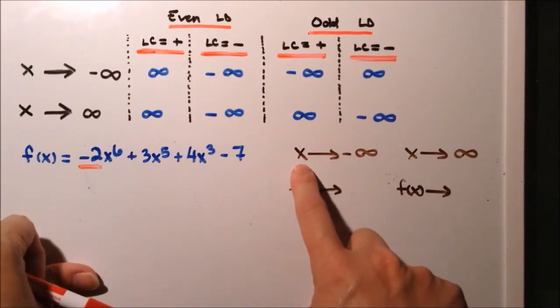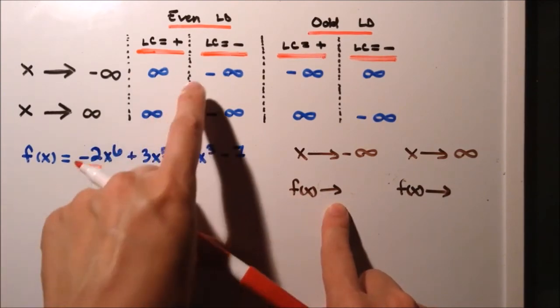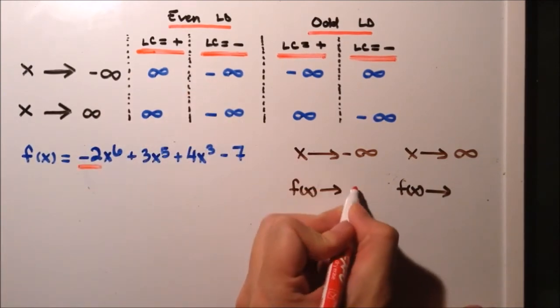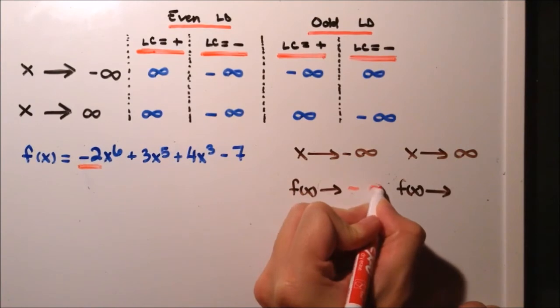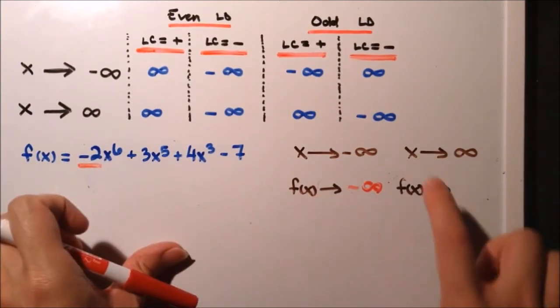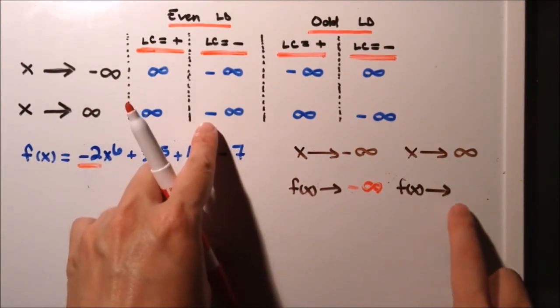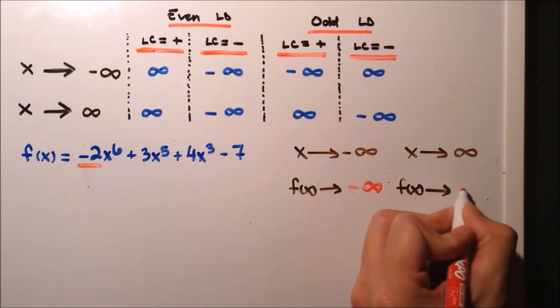For x approaching negative infinity, the left side, f of x will approach negative infinity. And as x approaches infinity, the right side, f of x will also approach negative infinity.